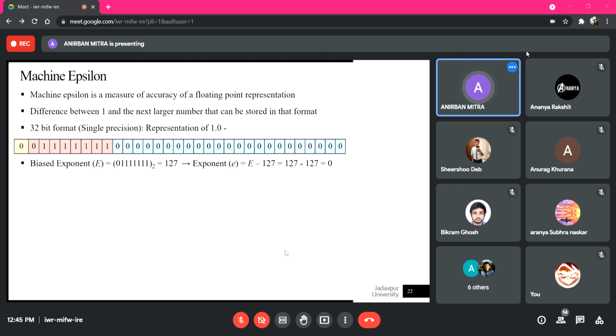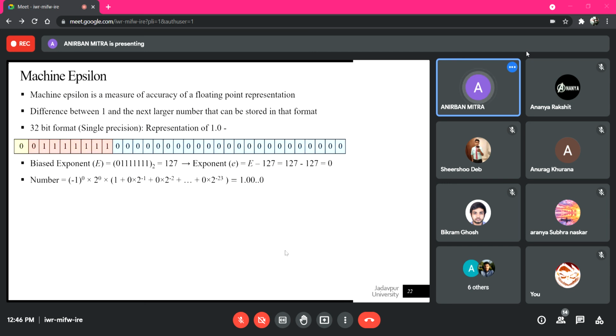The exponent comes out to be 127. We have the bias of 127. So if we subtract or deduct the bias from the biased exponent, we get a value of 0. So the number we have here is, of course, 1.